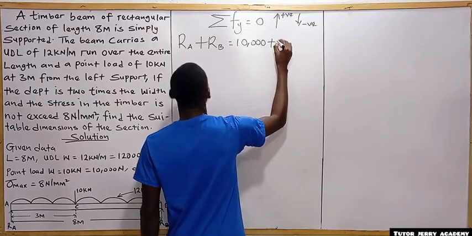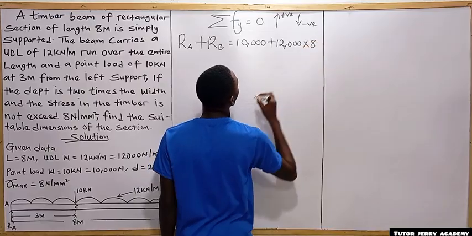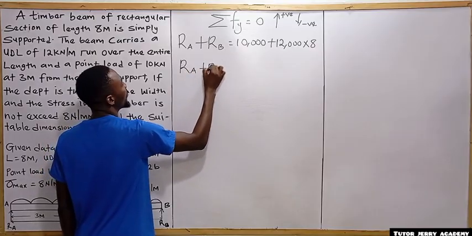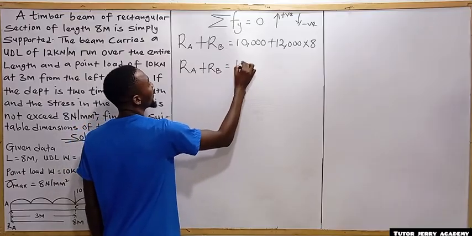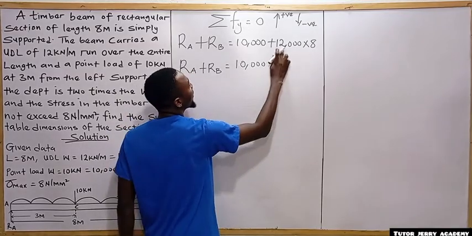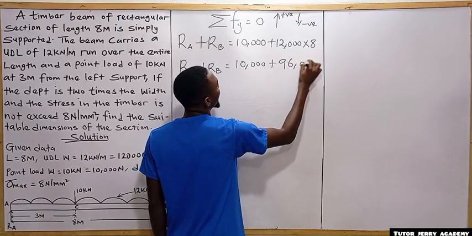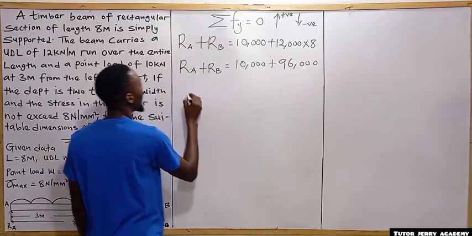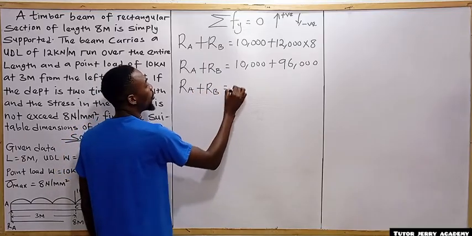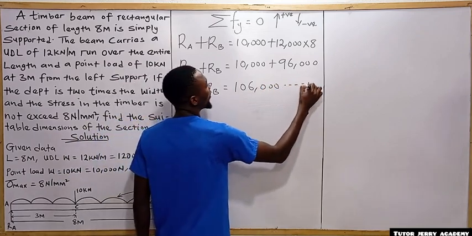So RA plus RB equals 10,000 plus 8 times 12, which is 96, so 96,000. If we sum this together, RA plus RB will be equal to 106,000. Let's call this equation number 1.